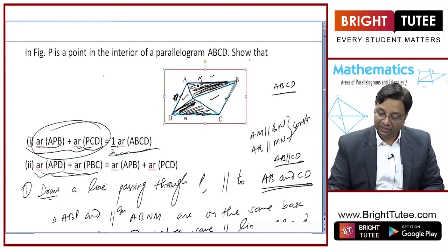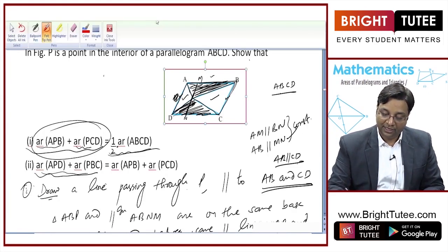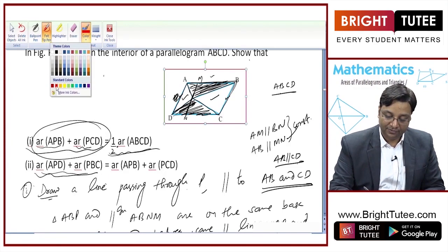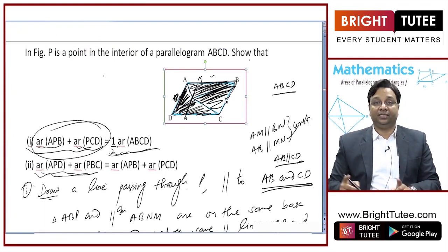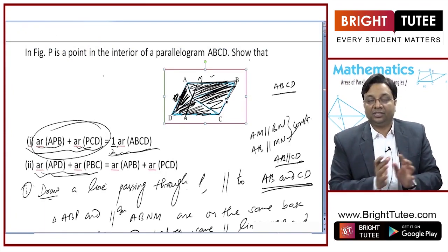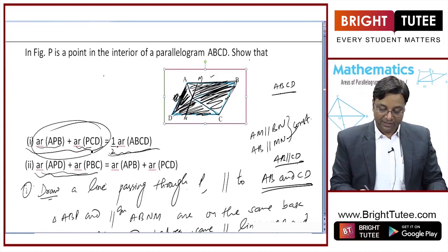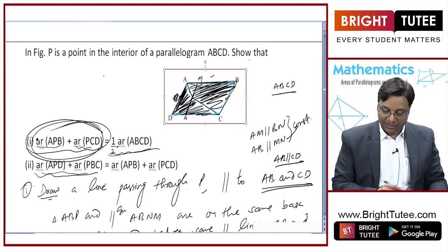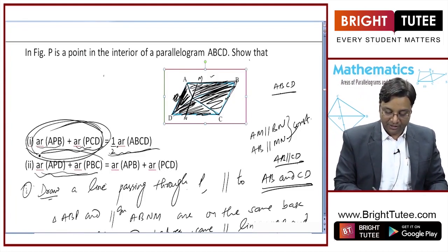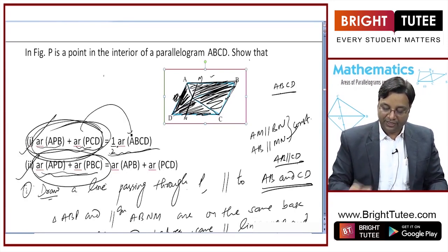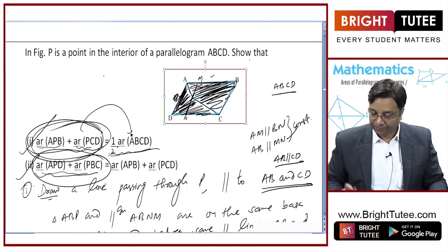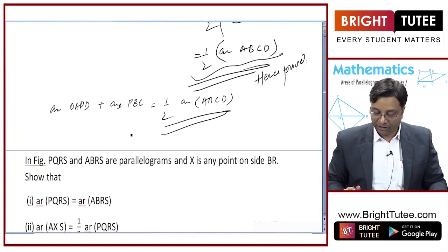Now, taking this line parallel to AD and BC, you have proved that these two areas, that is this area and this area, their sum is also half of ABCD. So, these sums are equal to each other, because both of these are equal to half of area of ABCD. I hope you can do the second part easily.